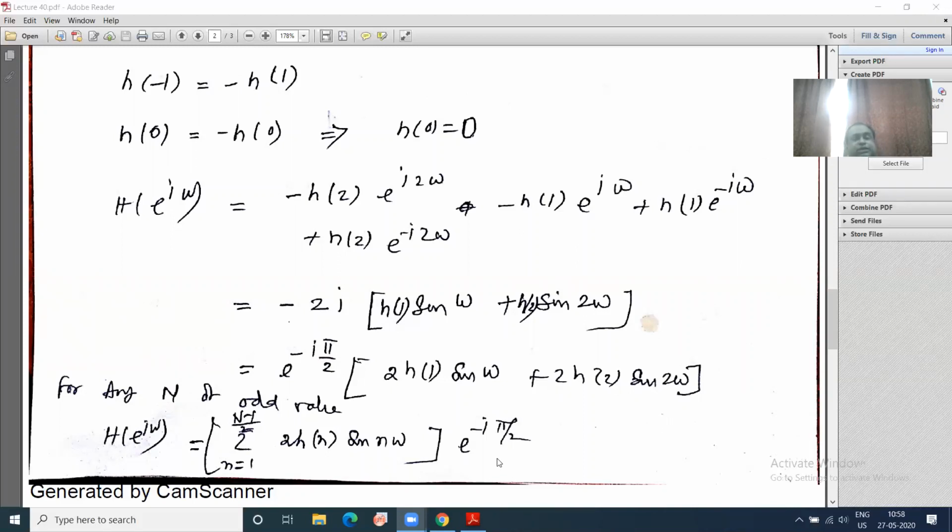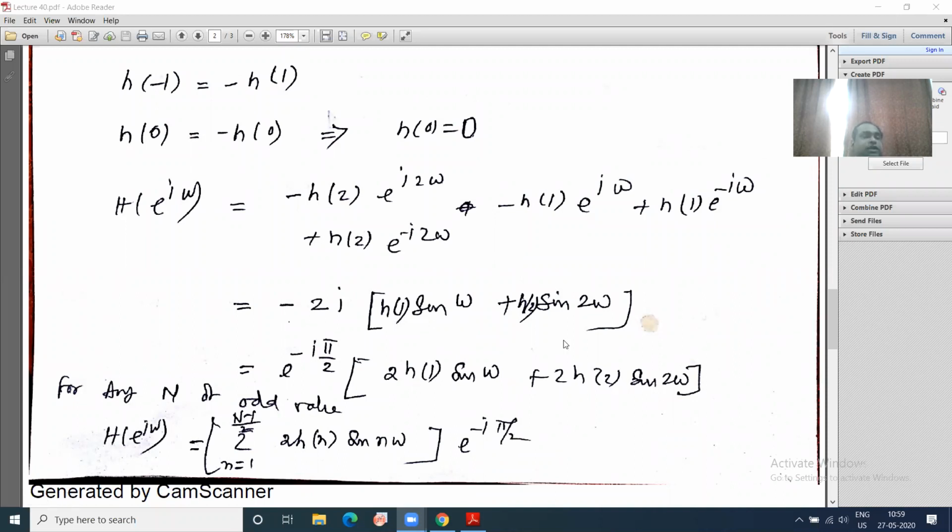Therefore, if the phase is constant, so e to the power minus some j constant is a linear phase, because e to the power j alpha is a linear phase. So that means this is not a problem, because it is only some constant multiplication.